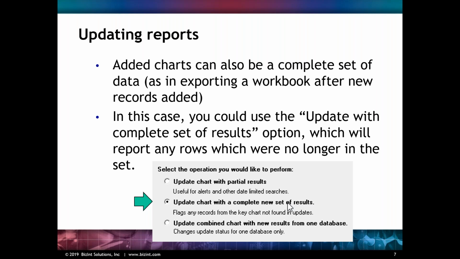So it checks every row in your baseline chart to see, does it have a corresponding record in the other set? And if it doesn't have a corresponding record, it's going to be flagged. In general, I would say with both non-patent literature and patent data, this is not a very common use, but there are use cases for it.